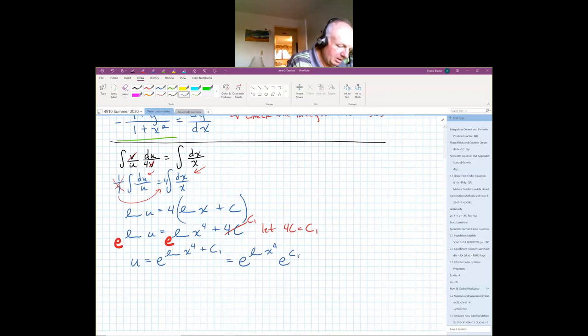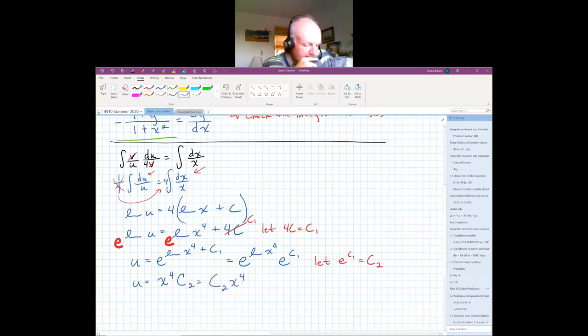And then we do it again. Let e to the c sub 1 equal a new constant. And so we end up with u equals x to the 4th times c sub 2, or better yet, c sub 2 x to the 4th. Okay.